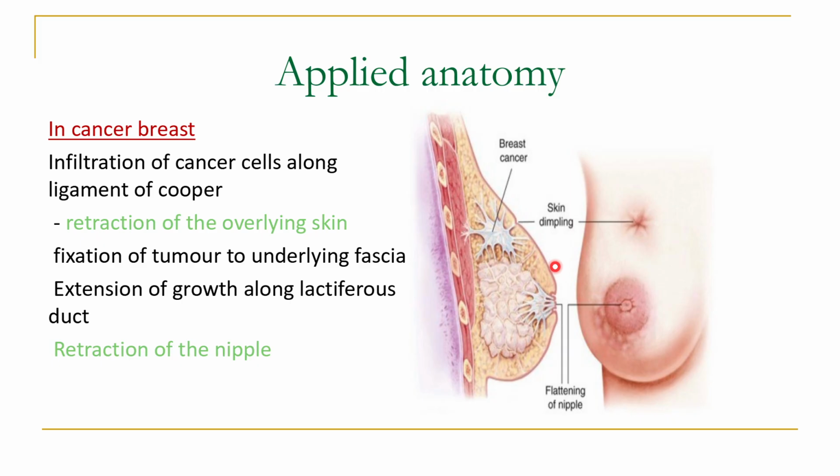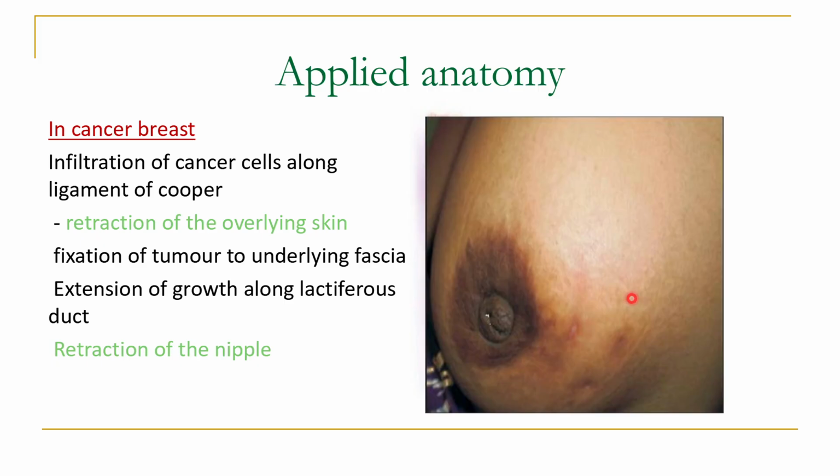Now, the extension of the growth along the lactiferous ducts can result in the retraction of the nipple. So this is the retraction of the nipple, which is mainly due to the extension of the growth along the lactiferous ducts.